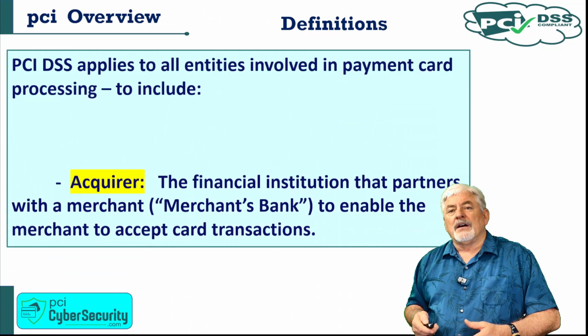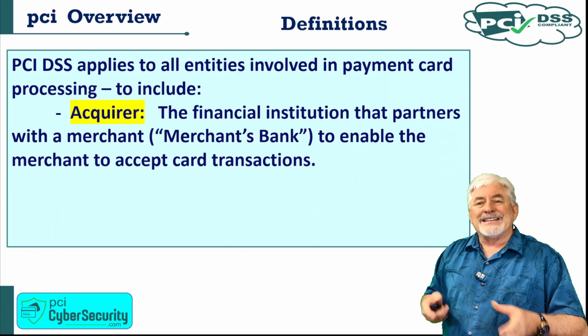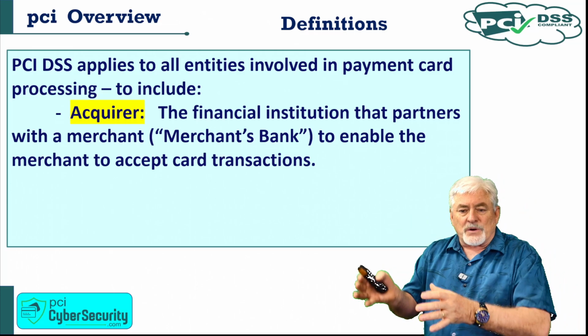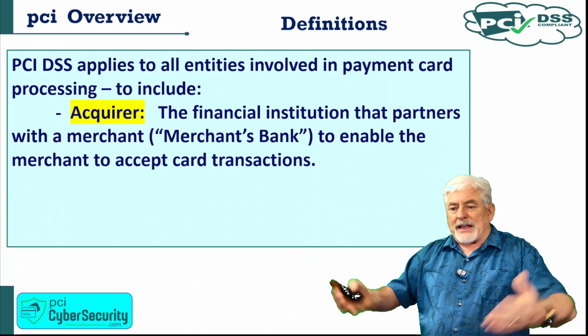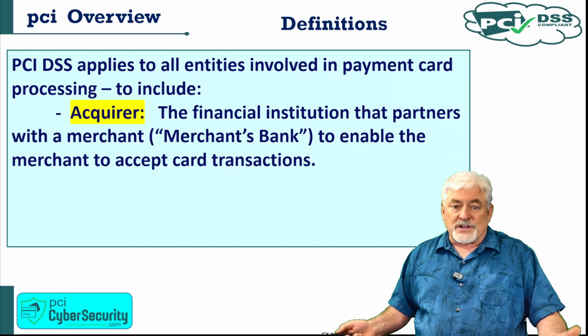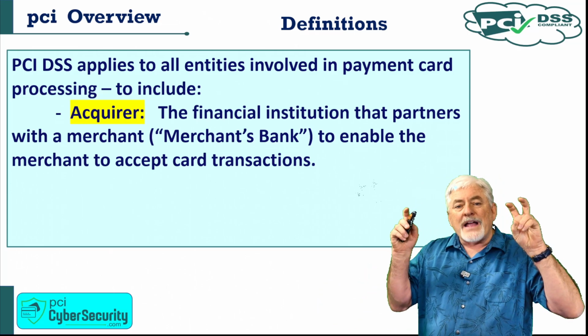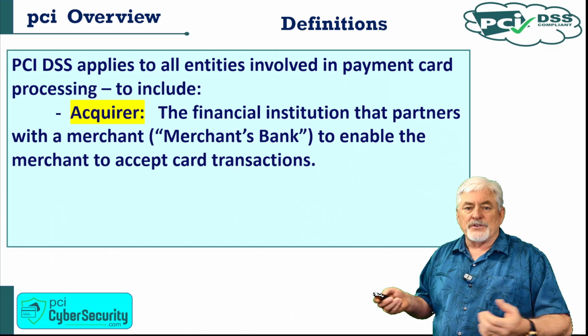Okay. Another one is called the acquirer. Now, the acquirer is the merchant's bank. This is the company that your mechanic is working with. So if it's your mechanic, it's probably the local, I don't know, credit union or something like that, right? So that credit union becomes the acquirer in this process for your mechanic or merchant.